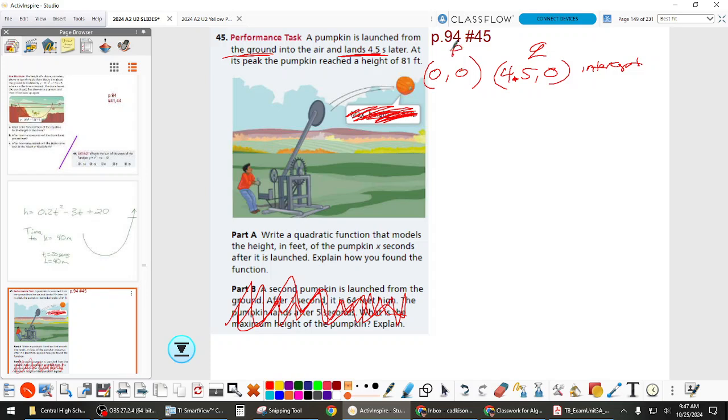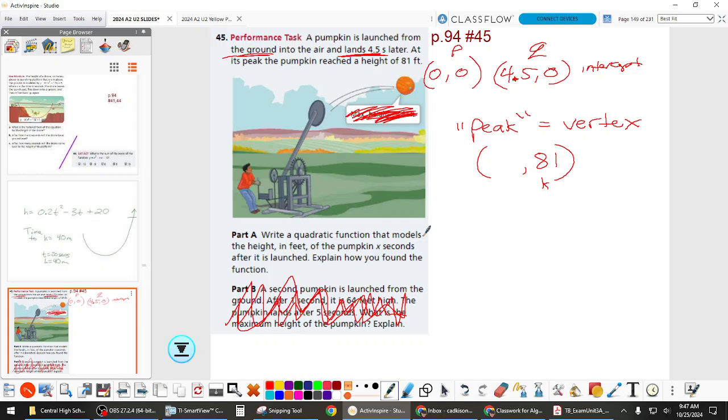Okay? And then it says it reached its peak at a height of 81. So what is the peak another word for? Yeah. Okay, so we know this coordinate is 81. So that's K. How do you get the X or the H coordinate there?